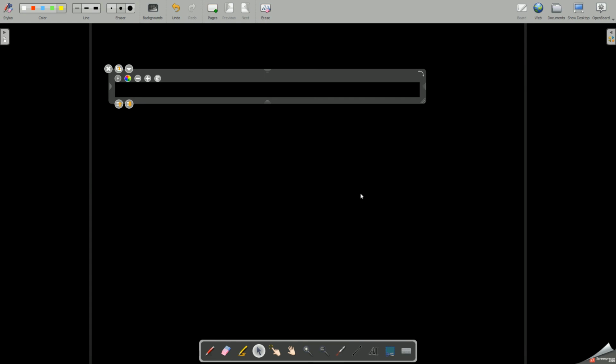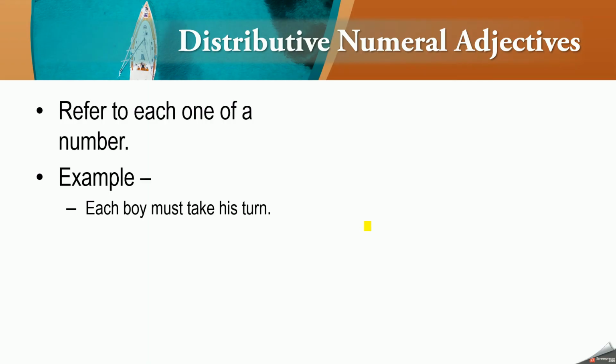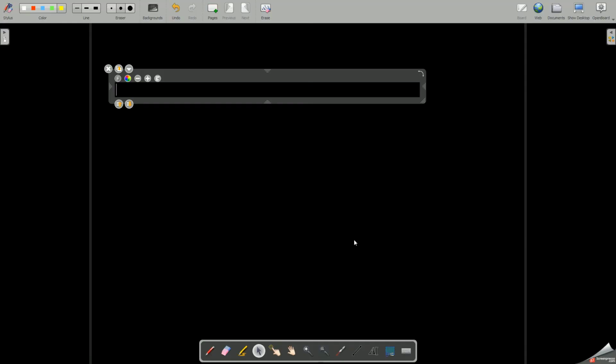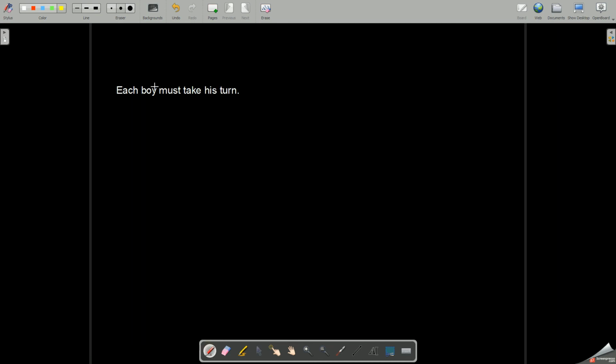When we were studying pronouns, you might have seen that I mentioned one such example: if the noun in that statement is being pointed to by a determiner or adjective like each, then we are referring to every single boy, and hence we are going to use a singular pronoun over here.